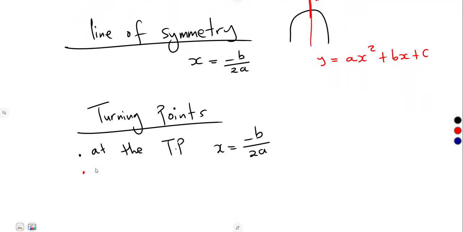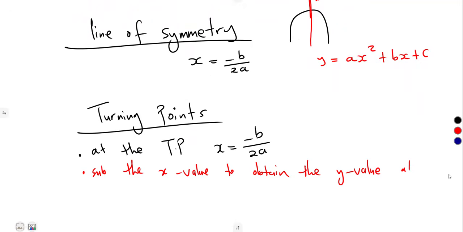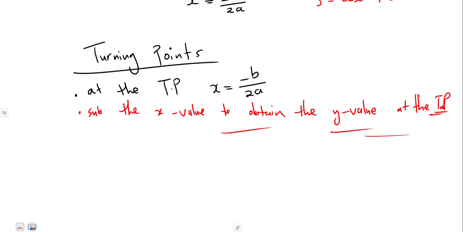So you simply have to substitute the x value to obtain the y value at the turning point, which can be maximum or minimum.